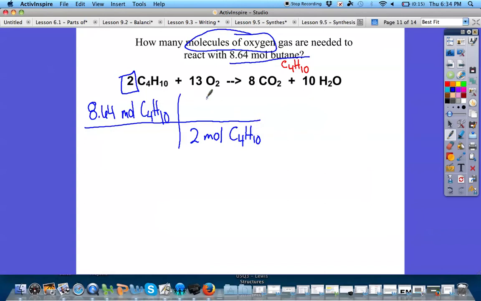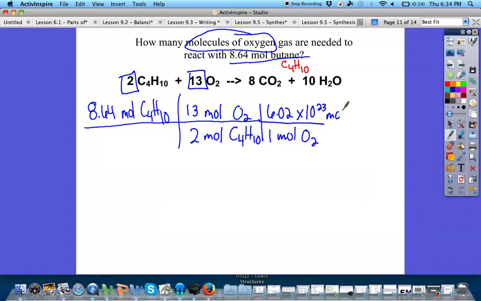And then we want to go to oxygen, so we have 13 moles of oxygen. But we want molecules, so in 1 mole of oxygen, we have 6.02 times 10 to the 23rd molecules of O2. Moles of C4H10 cancel, moles of O2 cancel. We're going to be left with molecules of O2.